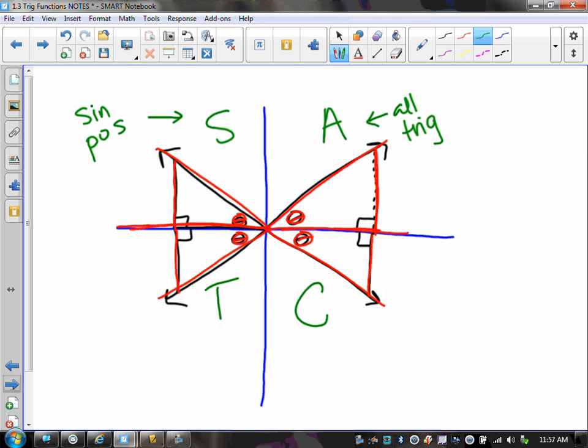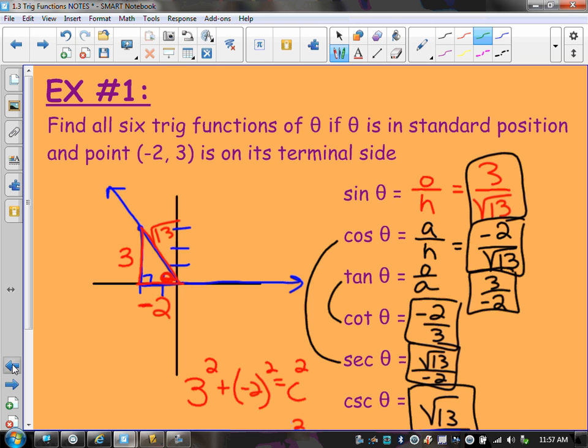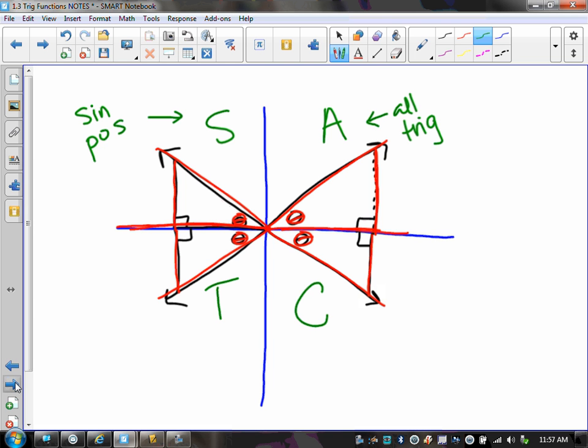Let's double check that. Go back to our last example. We were in that quadrant, weren't we? Was our sine positive? And were all of our other functions negative? And that's what they should be, right? Only sine should be positive when you're in that quadrant. That means in this quadrant, tangent should be positive only.